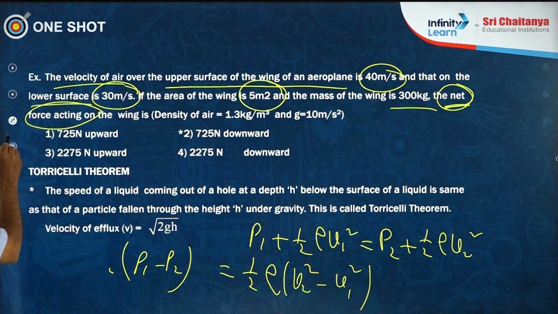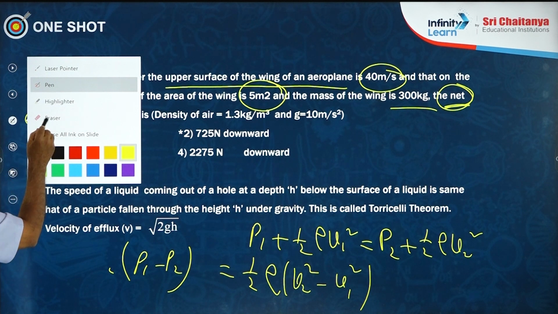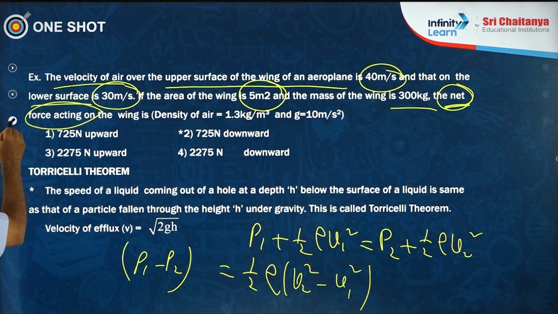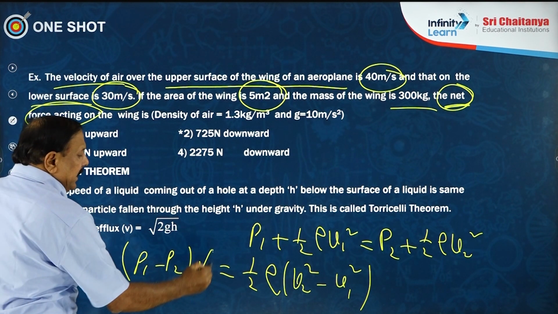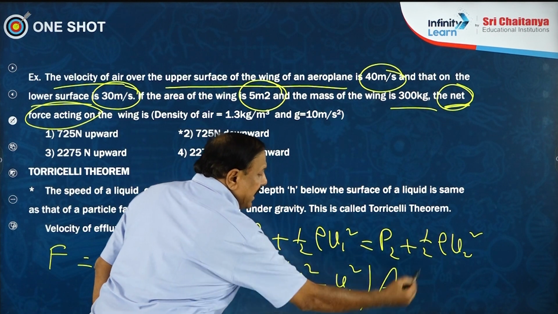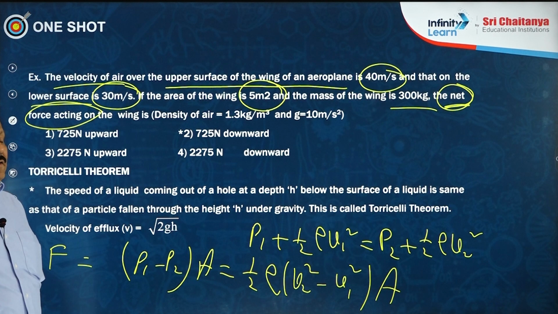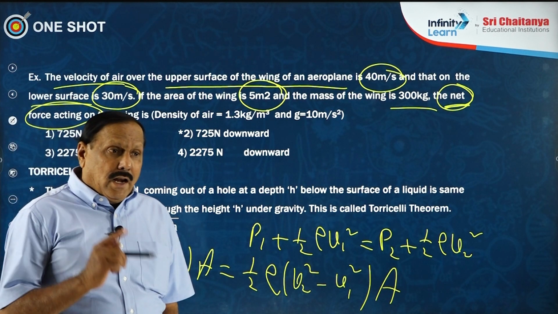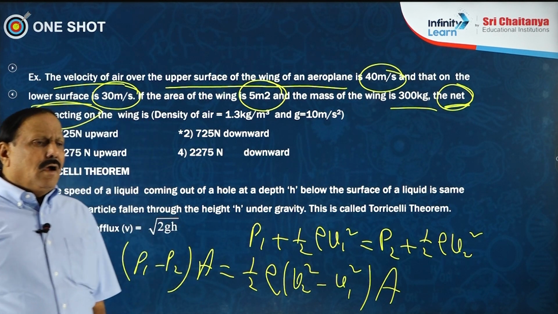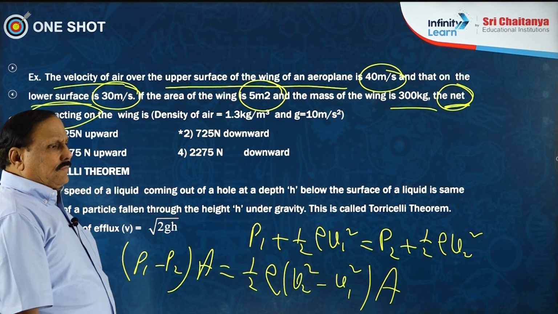So, this is the pressure difference between the upper and lower parts of the aeroplane wing. Now, force is equal to pressure into area. So, multiply with area. Area means area of the wing. So, we get the force acting. This is called aerodynamic lift.